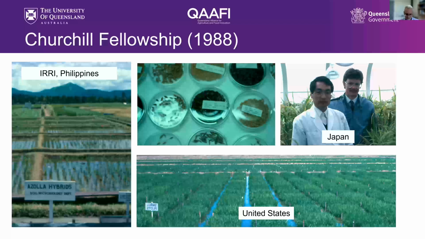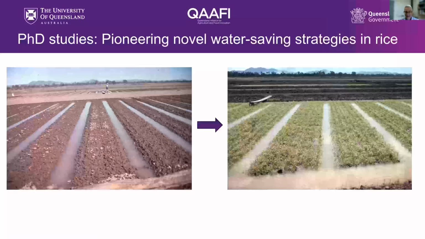I focused on water-saving strategies in rice and also nitrogen dynamics. Coming back from that, I got into my PhD studies, and from an earlier slide, you'll recall that we were looking at saturated soil culture.